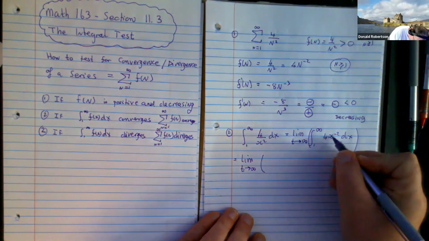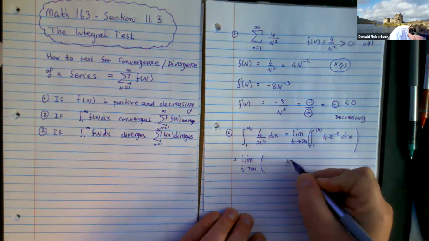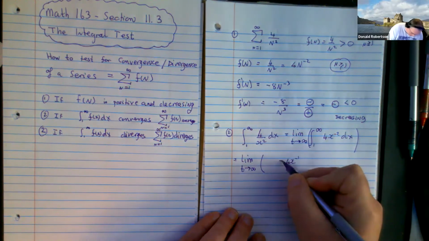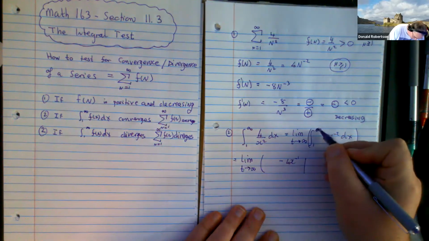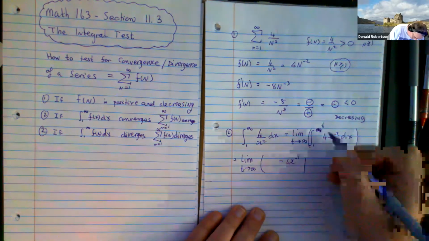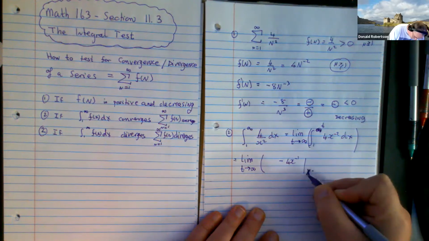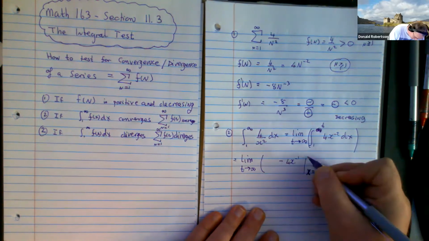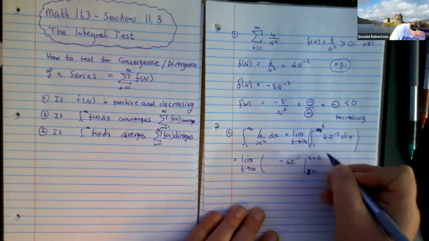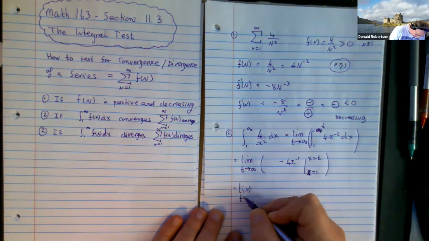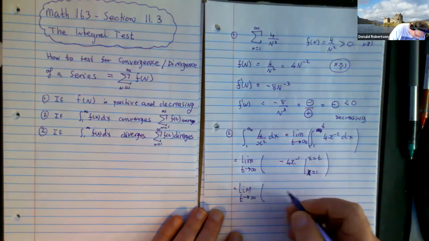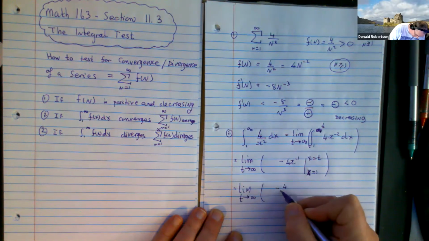Add 1 to the power and divide by the new power. Evaluate it, and I shouldn't have done that, it should be a t. Evaluate it from x equals 1 to x equals t. Going to do some style points on it. Negative 4 over x, that's a much better version of it.